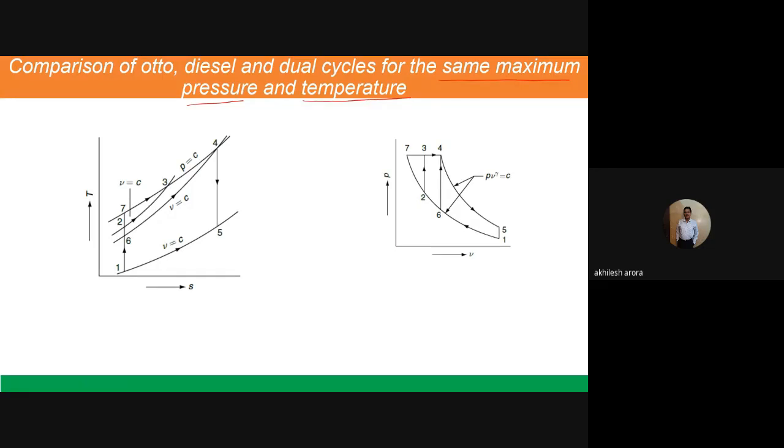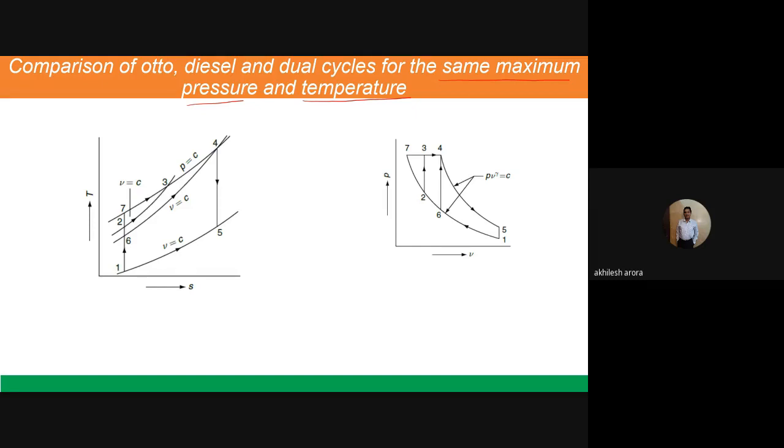We are fixing that point, and once again we have to calculate all four values: heat supplied, heat rejected, efficiency, and the work output of the cycle. We have to see which cycle gives the maximum efficiency, and whether the heat supplied is maximum or minimum, comparing all three cycles here also.